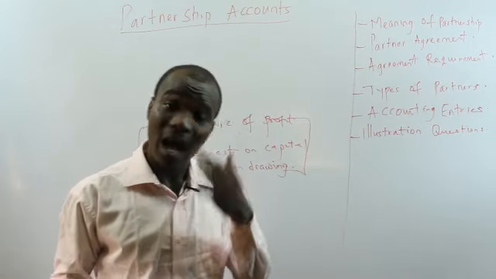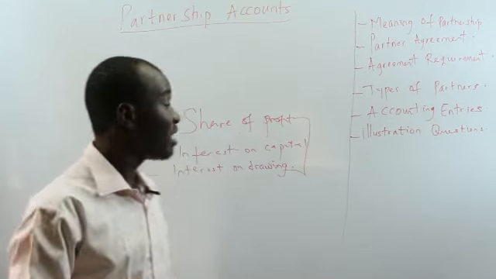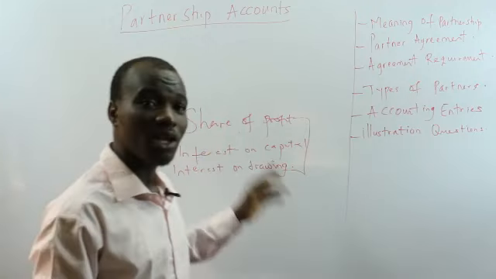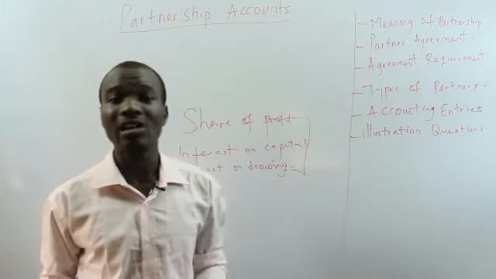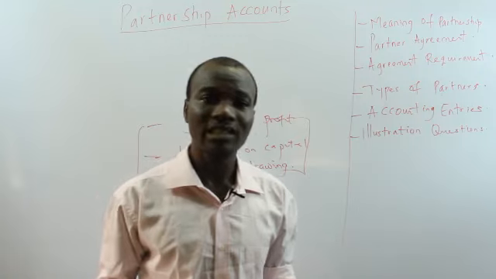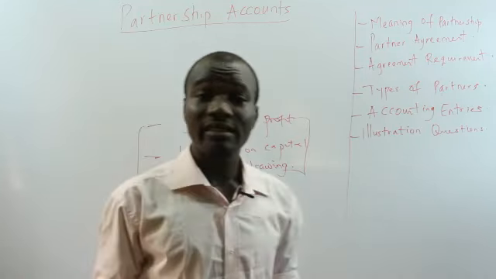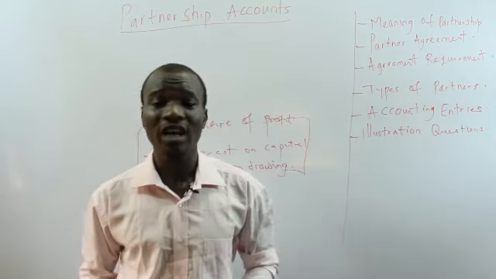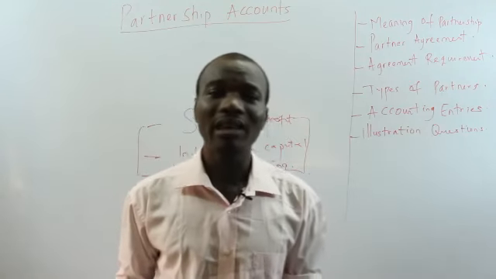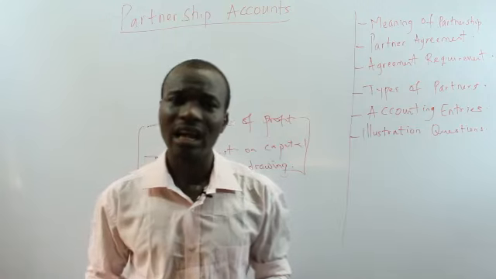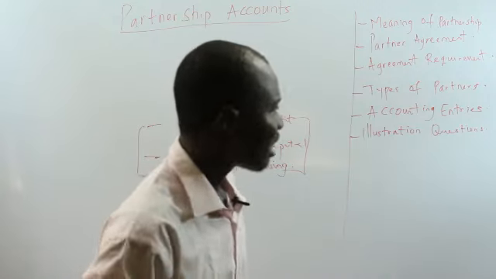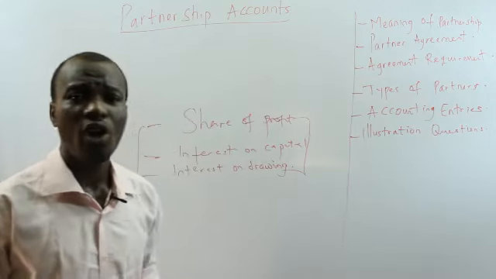So the appropriation account will be debited with the share of profit within a period, while the capital account or current account of the partners will be credited. And if there is a share of loss, the appropriation account will be credited, while the partner's capital account or current account will be debited. That is the accounting entries for share of profit or share of loss.